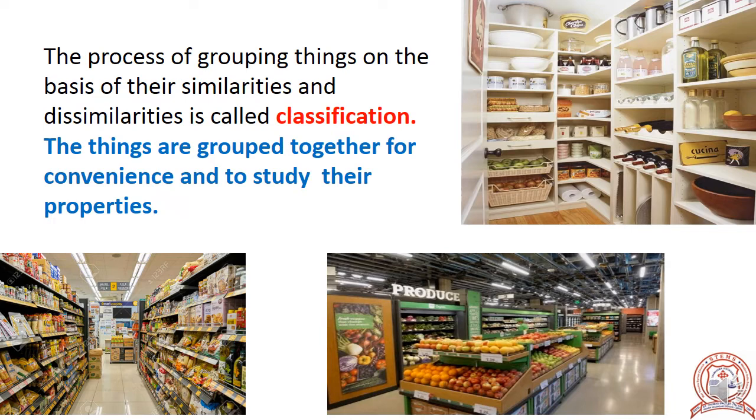Which type of bottle will we take? Will we take a cotton cloth bottle? No. Why? Because cotton cloth does not hold water. For filling the water, we have to take a glass bottle, plastic bottle, like that.